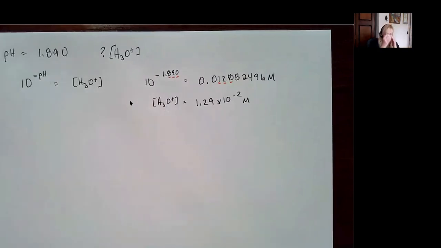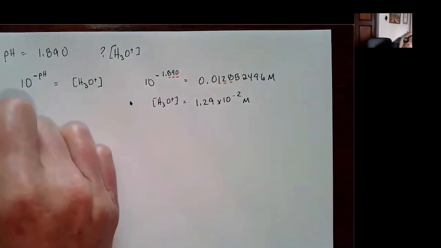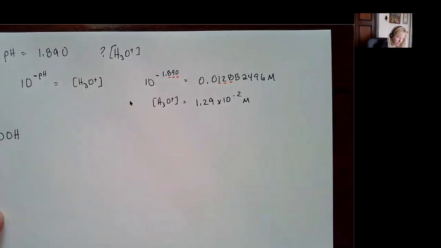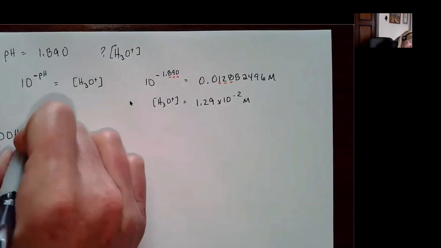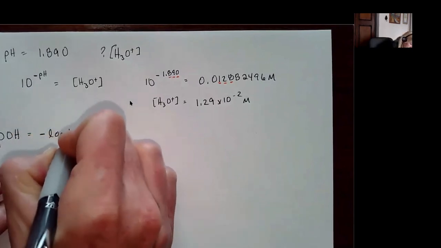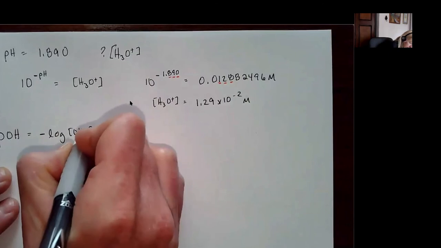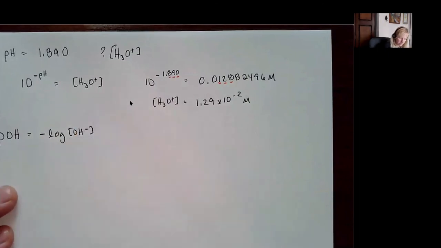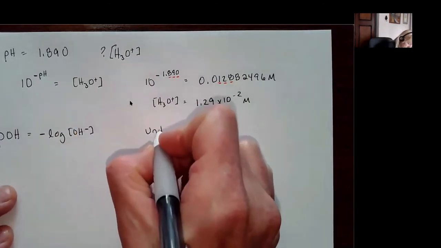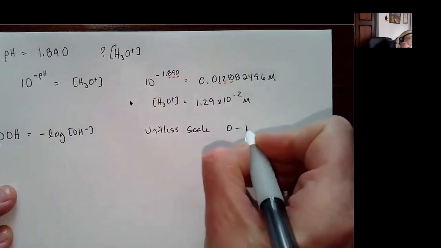And I can do the same thing with pOH. We don't necessarily think about pOH because we don't have a scale that allows us to measure pOH. But it's the same. It's the negative log of, instead of hydronium ion concentration this time, hydroxide ion concentration. And this is also a unitless scale that goes from 0 to 14.